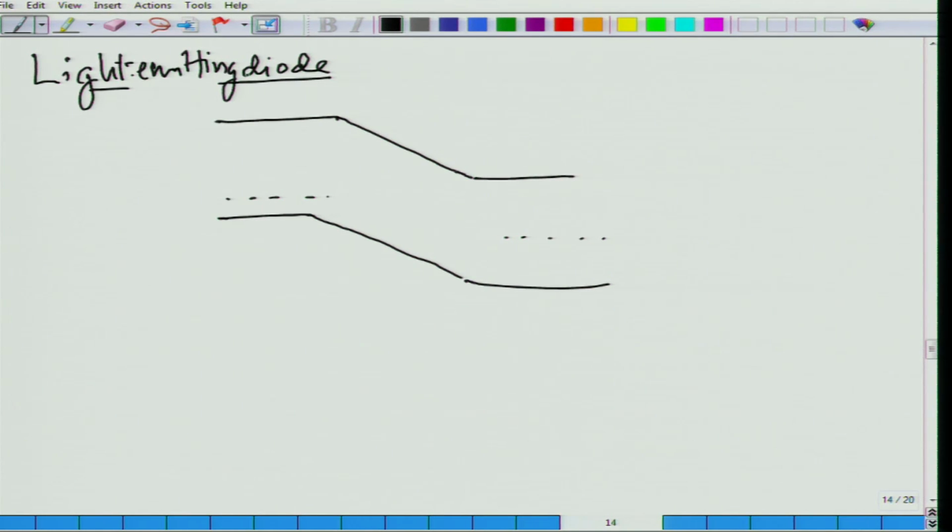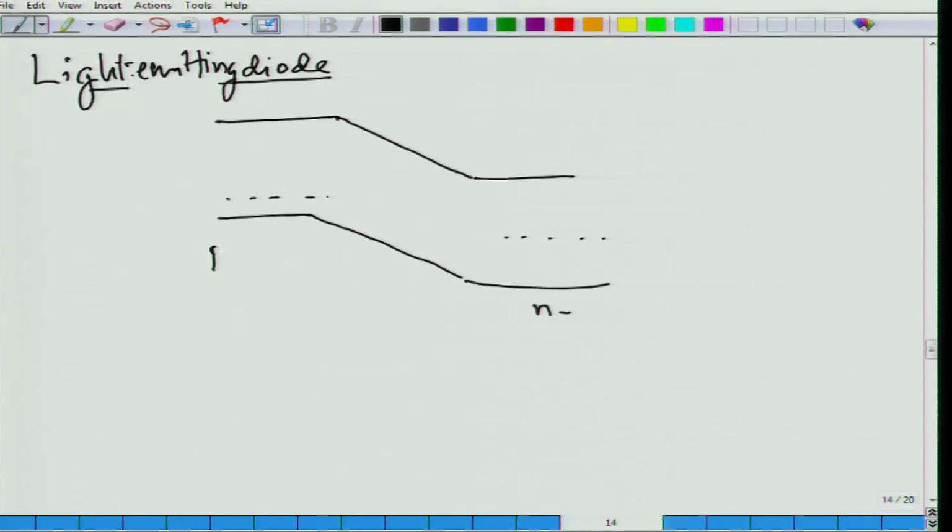Now, in the case of the forward bias, what is happening is you are having diffusion of electrons from the n type to the p type and of the holes from the p type to the n type. So, this is n type and this is p type, and electrons are moving up in this direction because of the forward bias applied, and holes are moving in this direction.